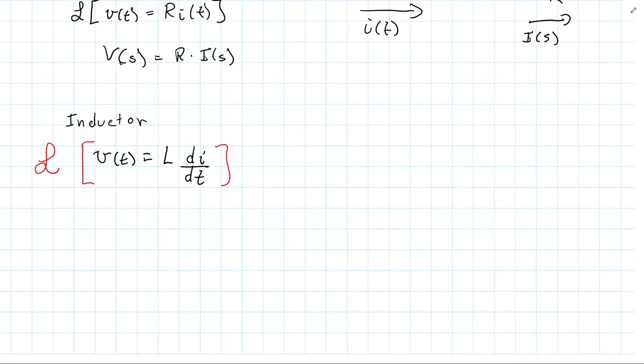Well, the Laplace transform of the voltage is still just my voltage, so capital V(s). Then I've got L, which is just a constant, so it stays. But wait, I've got a derivative of the current. You should remember from our previous lessons the Laplace transform of a derivative.